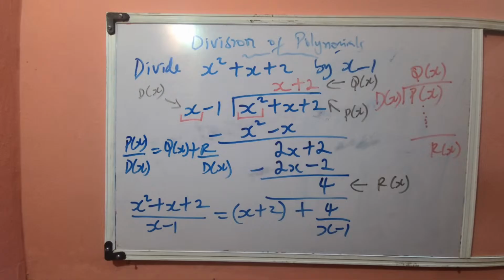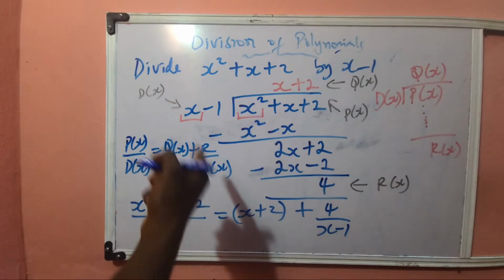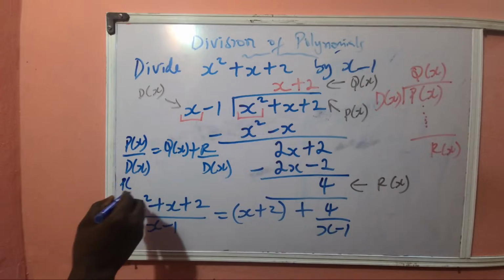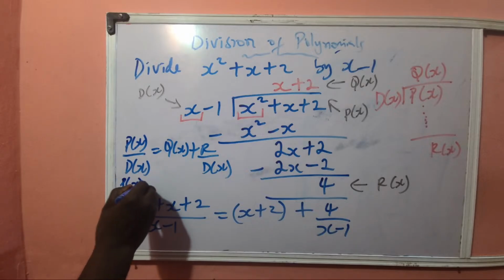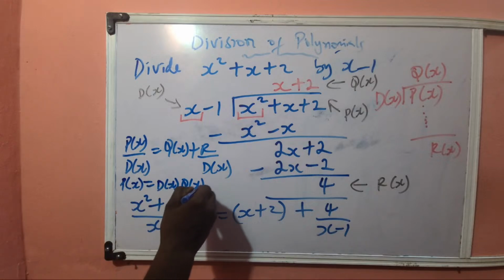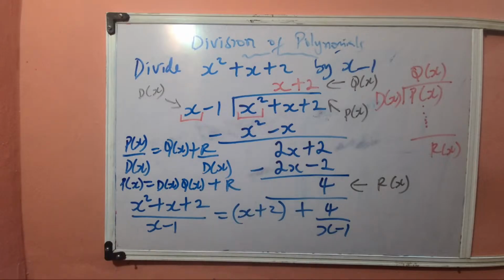And if you want to make this much better, you can multiply both sides by x minus 1. I remember I wrote a new formula where I said P of x is equal to D of x, Q of x plus R. So let's put it in that particular format.